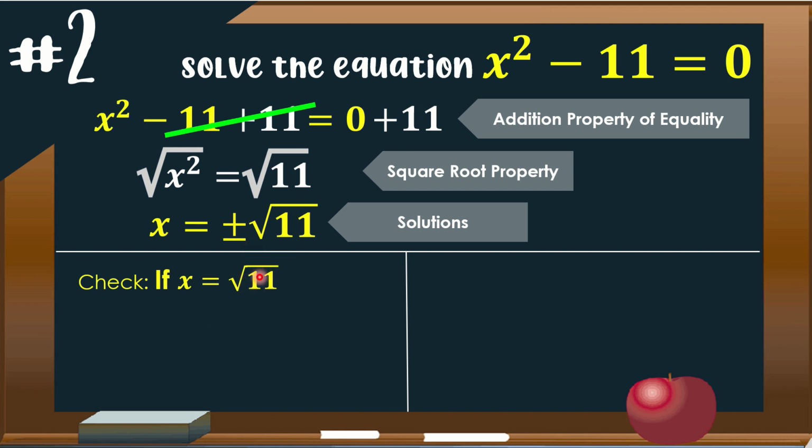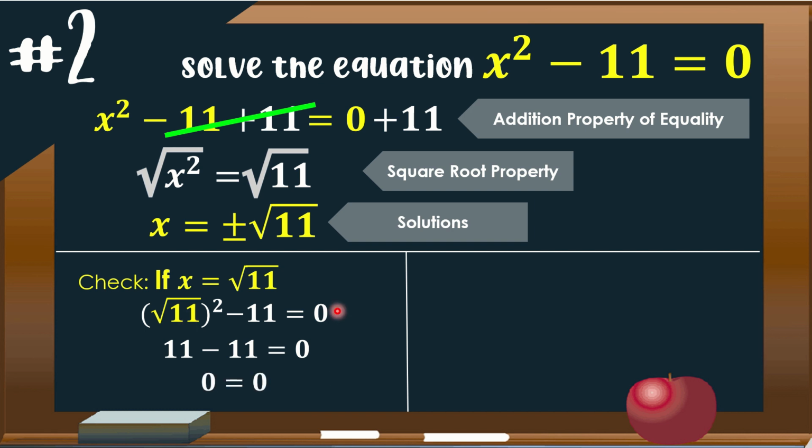So, kung square root of 11 yan, papalitan natin siya ng square root of 11 squared minus 11. So, square root of 11 squared will be equal to 11 minus 11. And 11 minus 11 is equal to 0, which is equal to 0 as well. Therefore, our solution is correct. Let's check whether negative square root of 11 is also a solution of this equation.